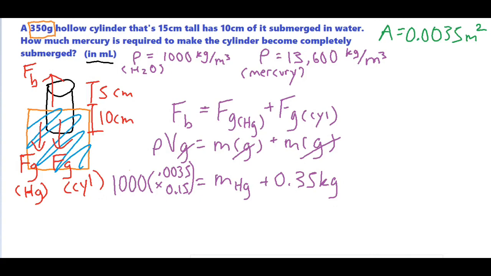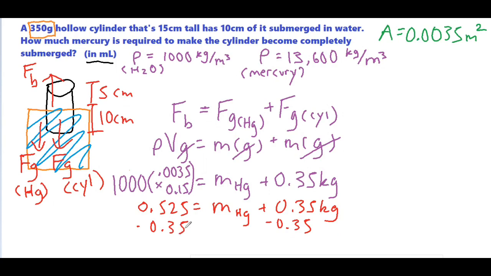So when we finish working this out, we get 0.525 equals the mass of mercury plus 0.35 kilograms, the mass of the cylinder. And then we're going to subtract this. And then we have a mass of mercury, which is 0.175 kilograms.